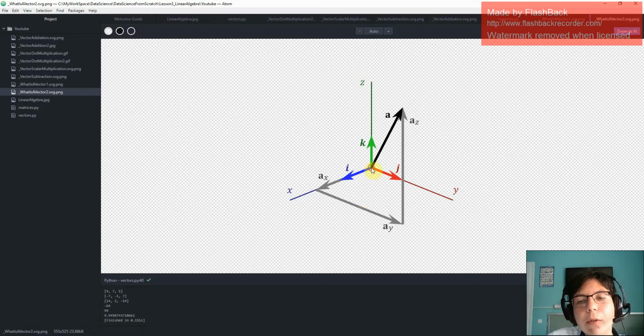So the length of this vector will be the sum of the squares of its components on the x-axis, the y-axis, and the z-axis, and then we will apply the square root of that. So it will be the square root of the sum of the squares of these values, if that makes sense.